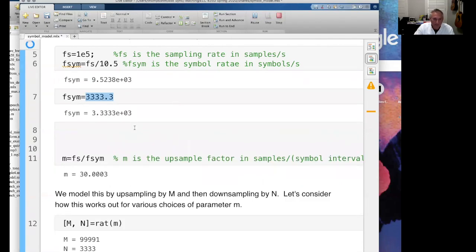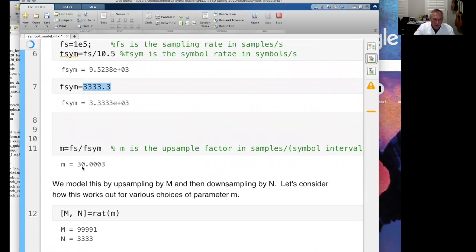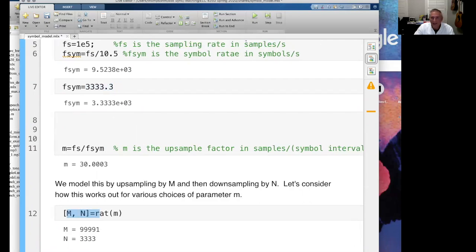When I put that in, we're looking for this integer ratio, but because we have this rounding that's going on, look at what happens for m and n. m is a pretty large value, 99,991, and then you downsample by 3,333. This would take a long time to run when you're actually running through a simulation. So you really want to avoid those kinds of situations, and the upsample factor is a little bit off from what you probably really intended.